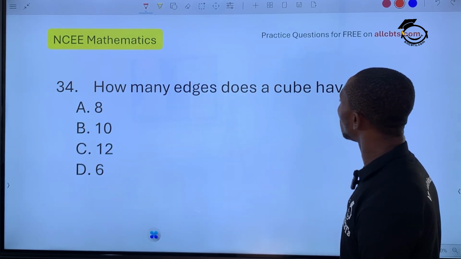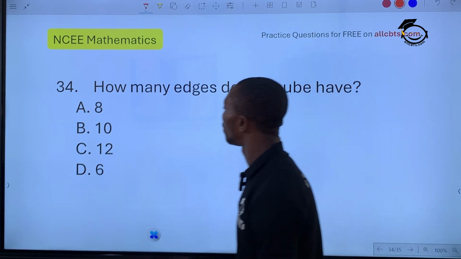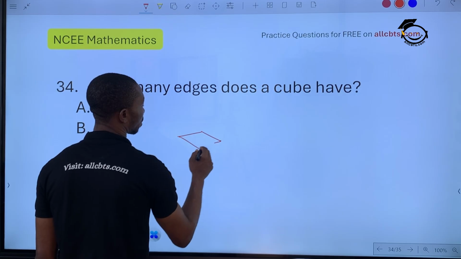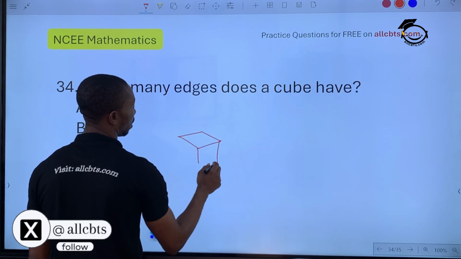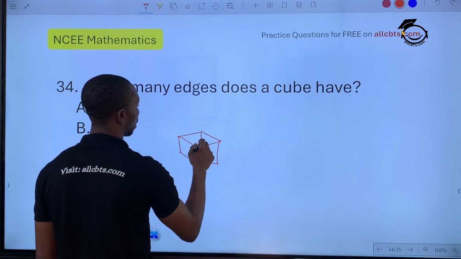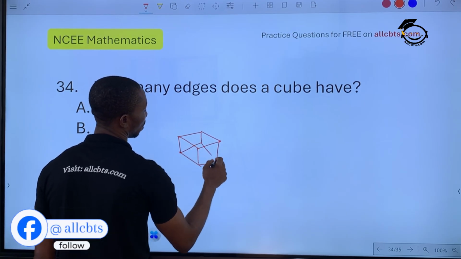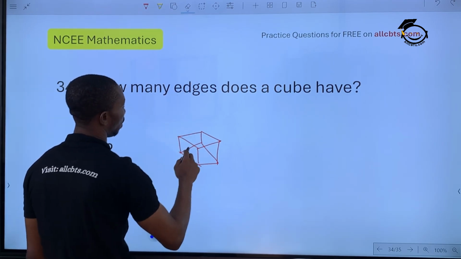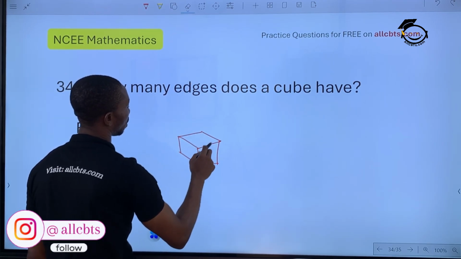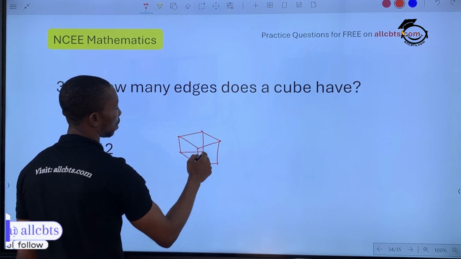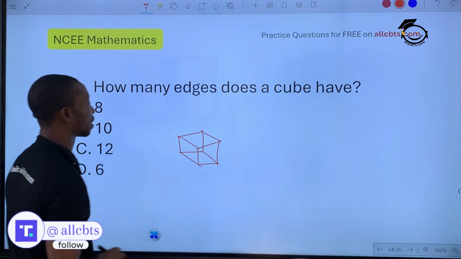How many edges does a cube have? Let's have a cube. Let's diagram it and see if we can find how many edges a cube has. Okay, this is better.